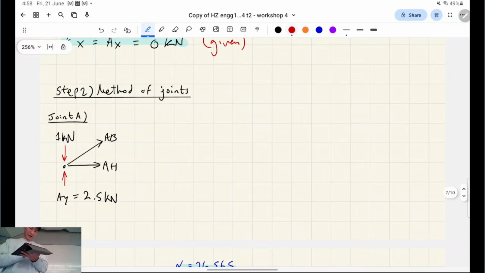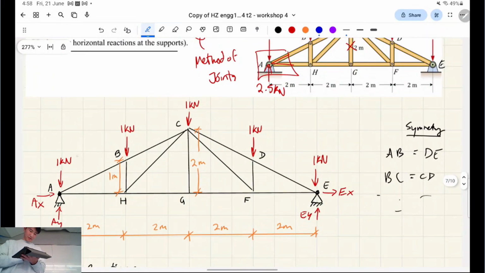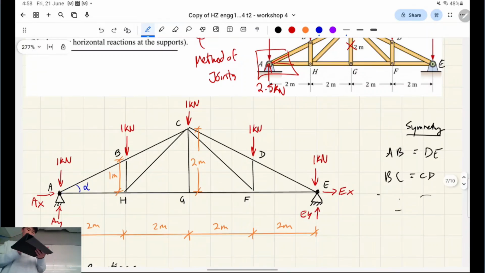Firstly, we don't know this angle, right? So that's this angle here. It's going to be difficult to do sine, cosine for this diagonal member because we don't know that angle right now. So let's look at our geometry. Essentially, we have rise over run here. You can either do that rise over run or that rise over run. It's going to give you the exact same angle, right? So the rule is tan inverse rise over run.